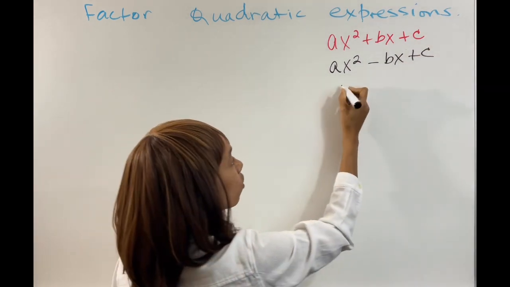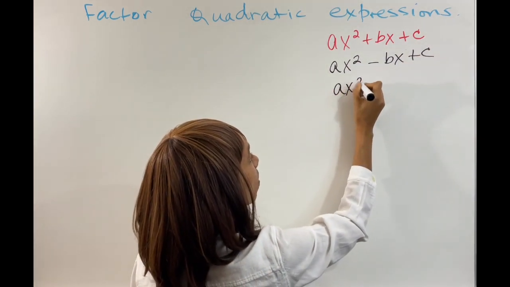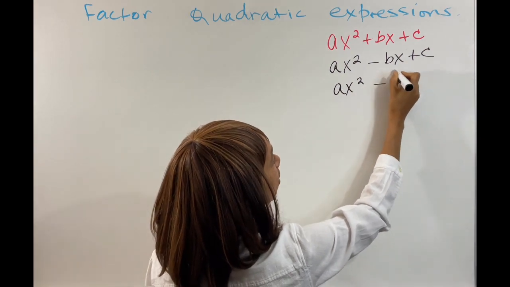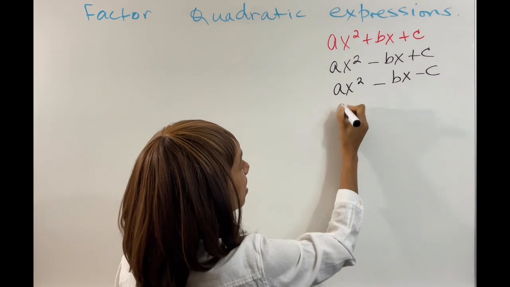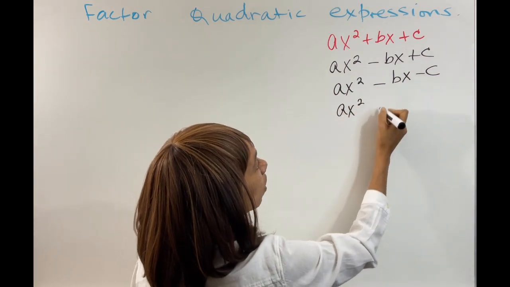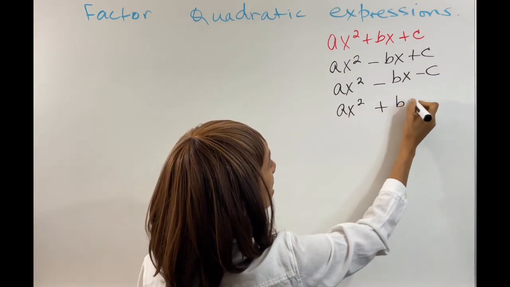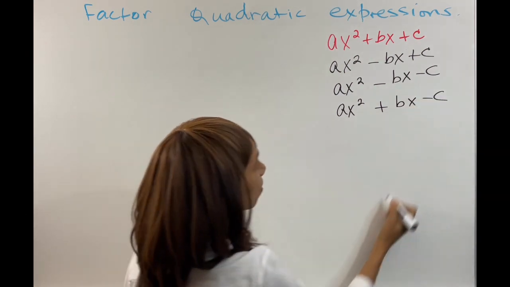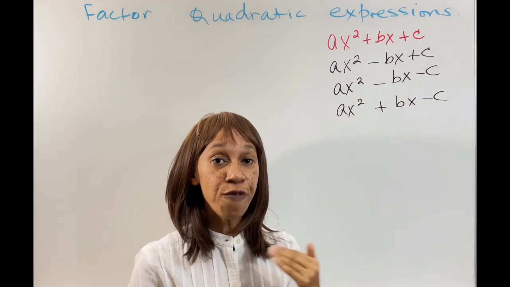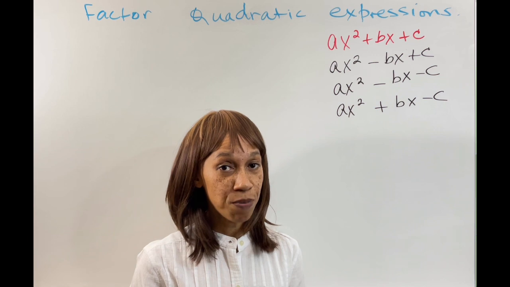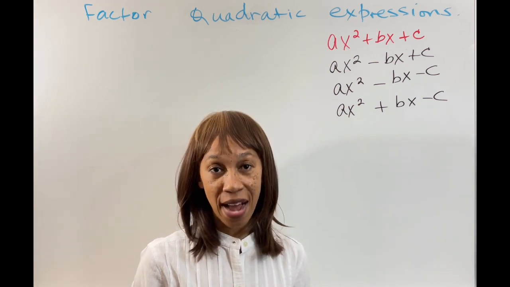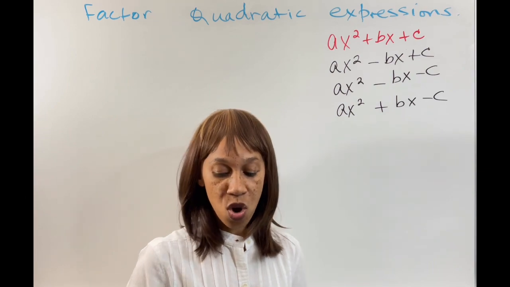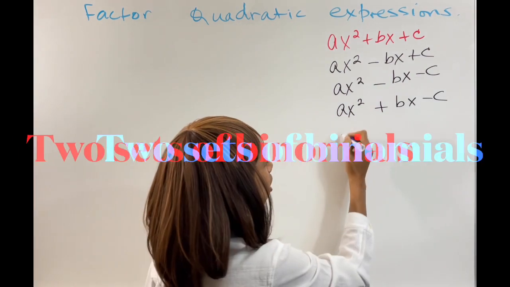Another example could be ax squared minus bx minus c, or it could be ax squared plus bx minus c. These are the 4 formats of quadratic expressions that will be given to you, and you will be asked to factor them. And in doing so, you will end up with 2 sets of binomials.